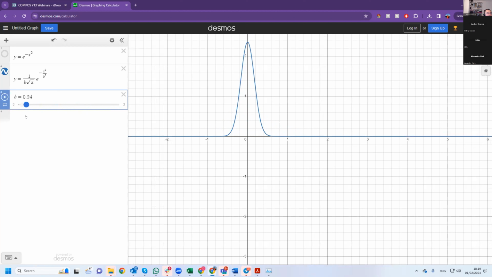The interesting thing is that independent of b, if you take the integral of this function, it's going to be equal to 1. It's the integral of the normal distribution. You've met this. The integral under the normal curve is always 1, because that's the normal distribution.